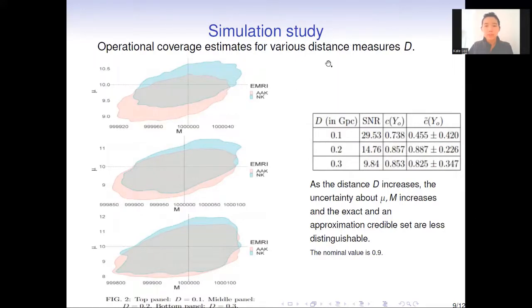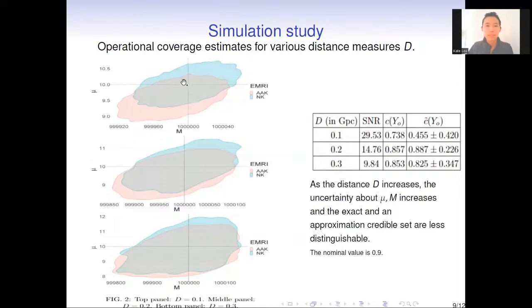We did an inference for various distance measures, d, from 0.1 to 0.3. So the first diagram shows the exact 0.9 credible set, which is colored blue, and the approximate credible set, which is colored pink. The x-axis shows the primary mass value, the y-axis shows the secondary mass value, and the intersection of the two bars indicates the true value.